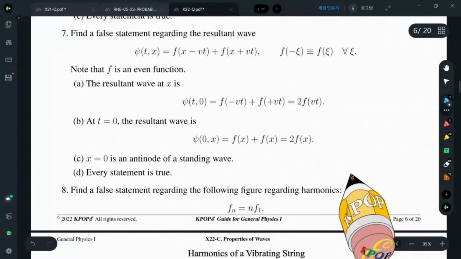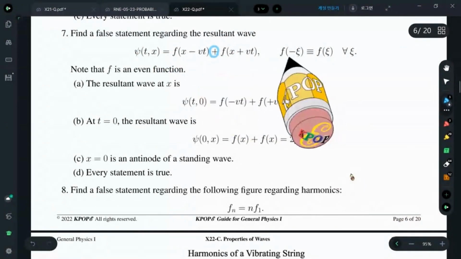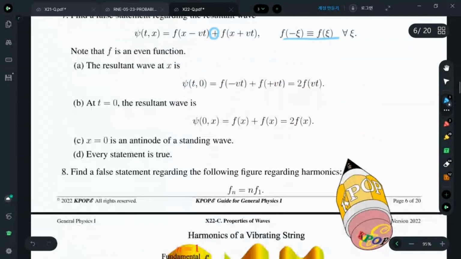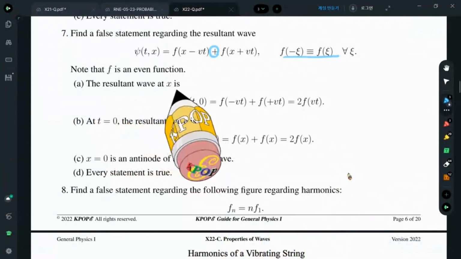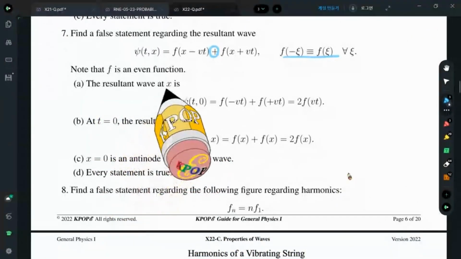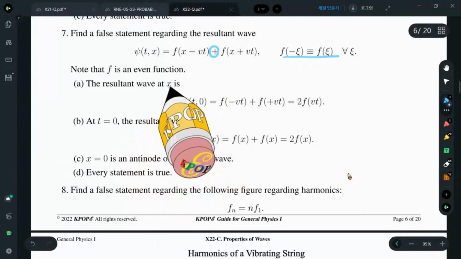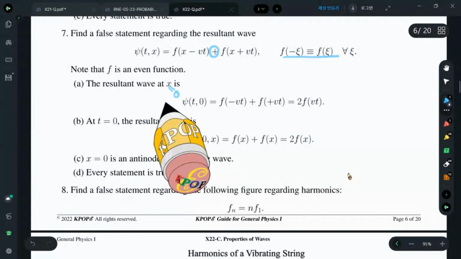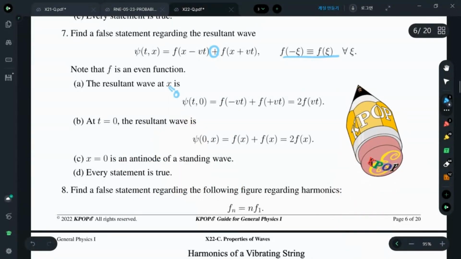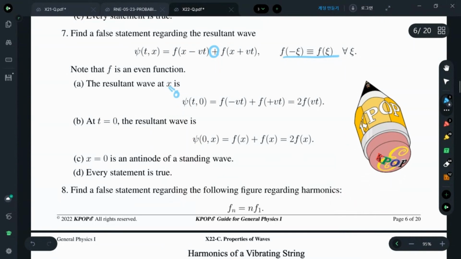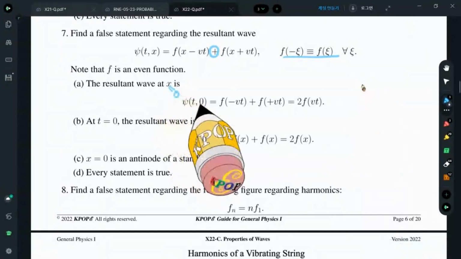Find a false statement regarding the resultant wave. Now we are using this one, an even function, but the sum. We can see the resultant wave at x equals 0.